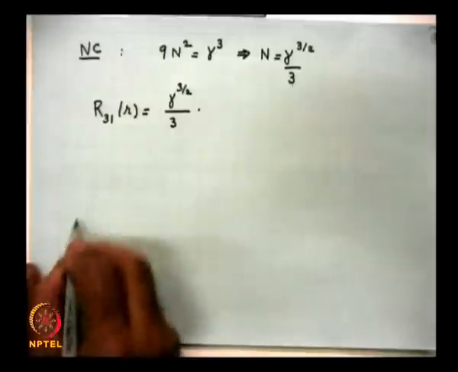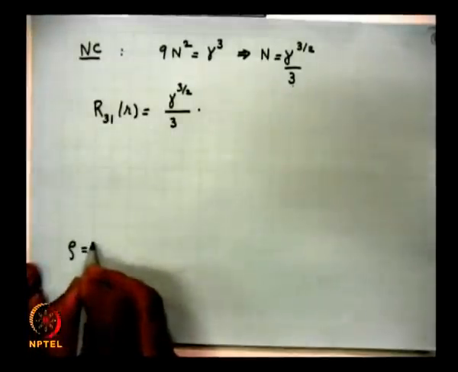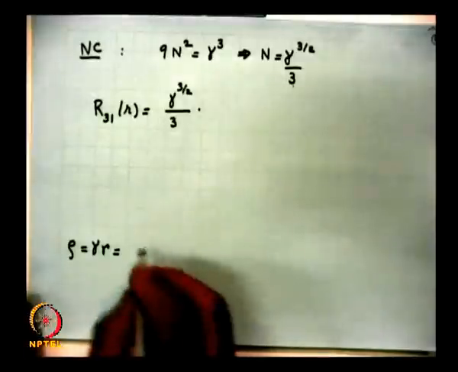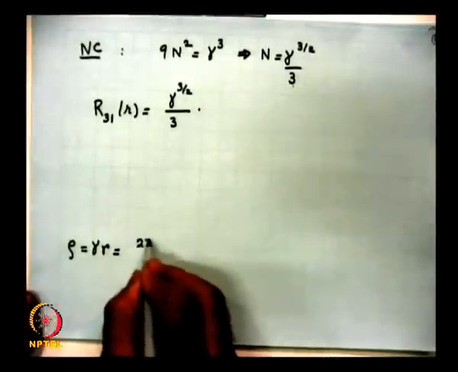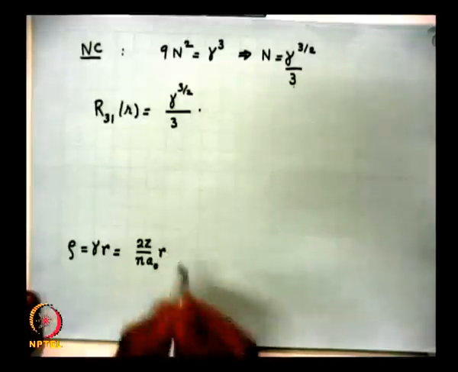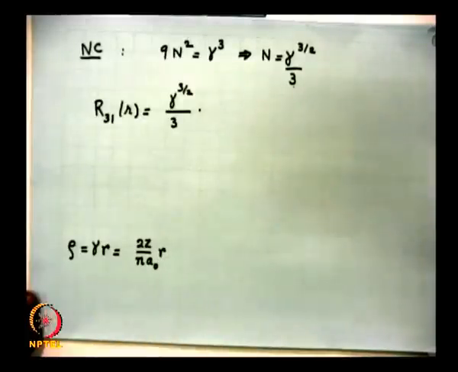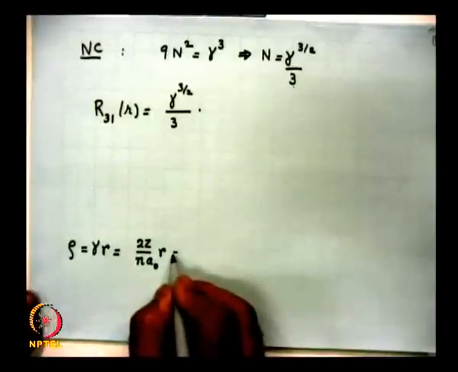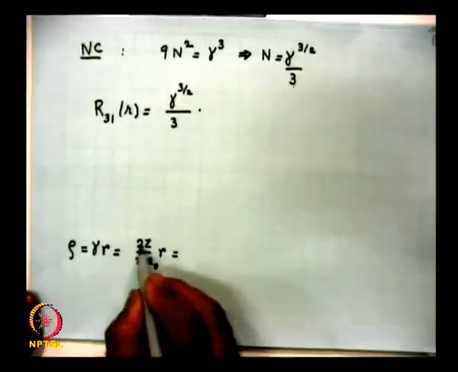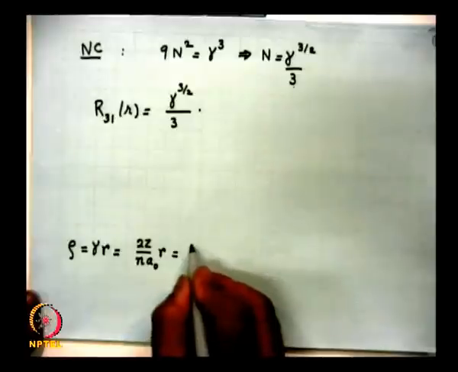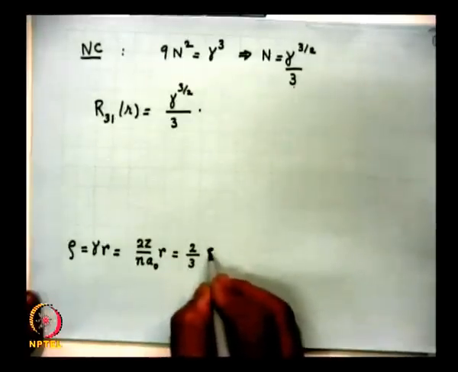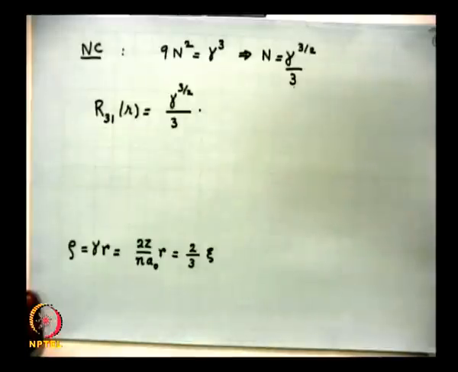Now, rho is usually written as gamma r, and as we had derived, gamma value was equal to 2z by n a0 into r. So, in this particular case, this will be 2, n is 3, and z by a0 into r is denoted by xi.